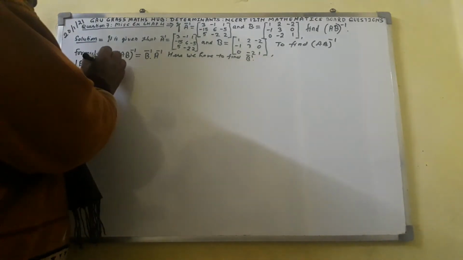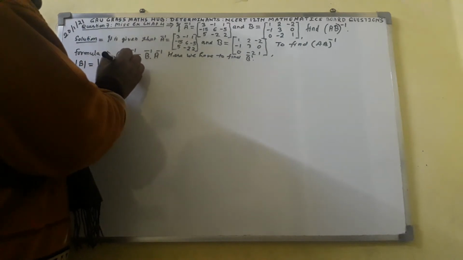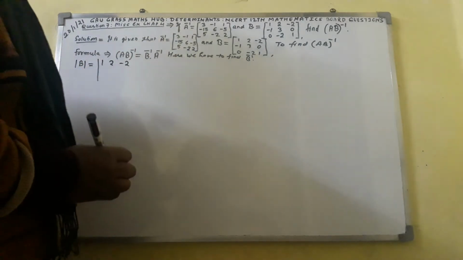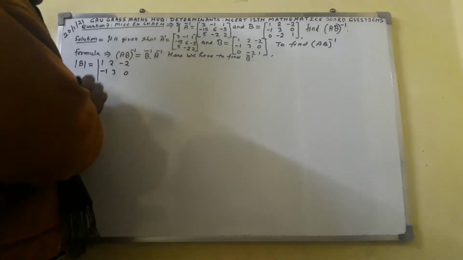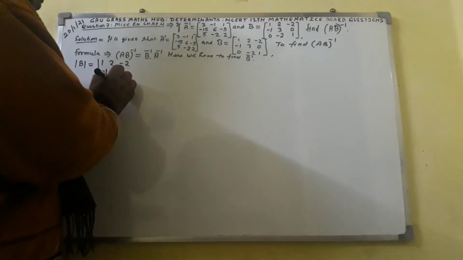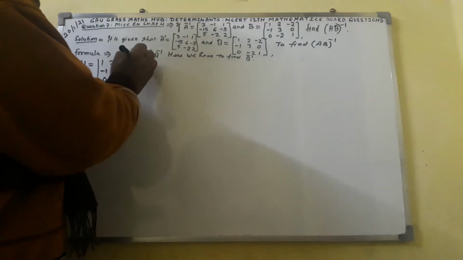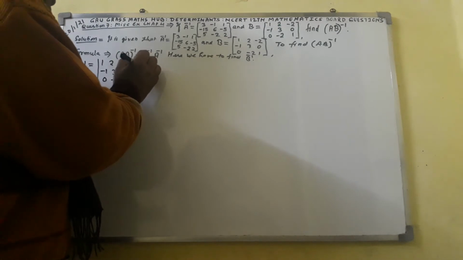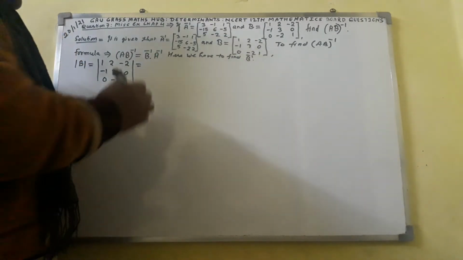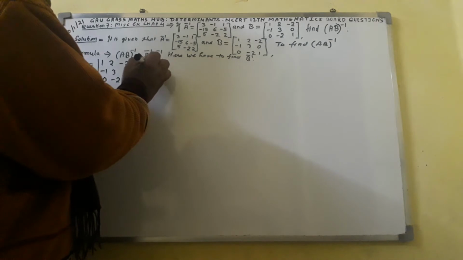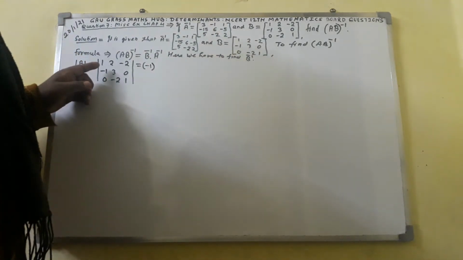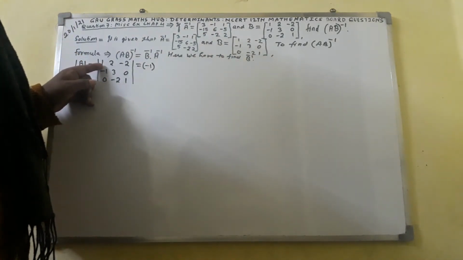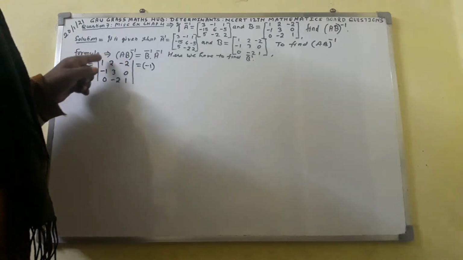the matrix with first row 1, 2, -2, second row -1, 3, 0, third row 0, -2, 1, equal to: here I shall write -1, that is constant here, raised to the power. If I take this element 1, it is in first row, first column.